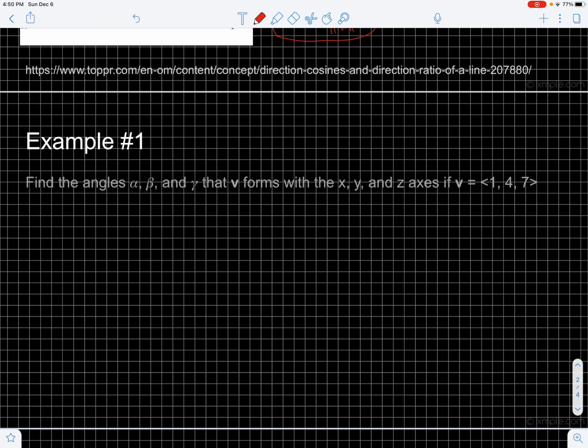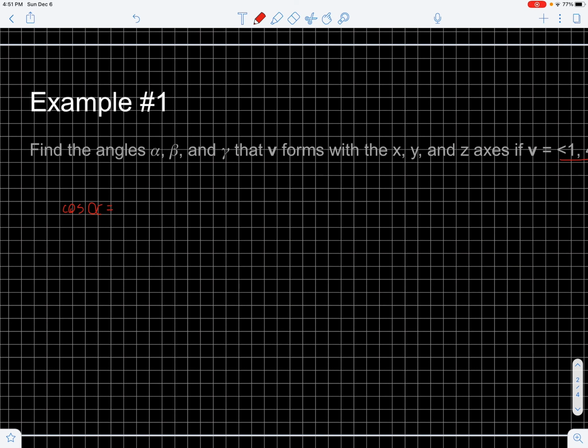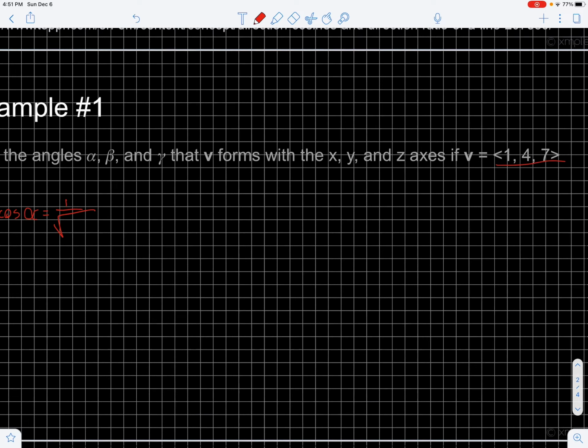Example number 1. Find the angles alpha, beta, and gamma that vector v forms with the x, y, and z axes if vector v equals 1, 4, 7. Our favorite vector, 1, 4, 7. So the cosine of angle alpha is our x component, which is just 1 over our magnitude.